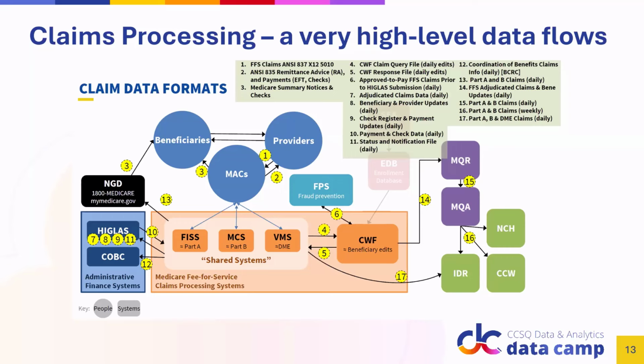Systems that are accessed by end users or downstream systems on the bottom right corner, the green ones, NCH, National Claims History, CCW, Chronic Condition Warehouse, and IDR, the Integrated Data Repository. But shared systems, systems that were created actually at the end of 20th century, believe it or not, and they're still mainframe based, and they provide all the edits and adjudication of claims.